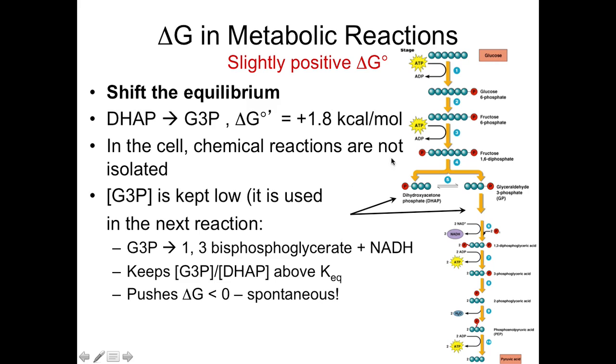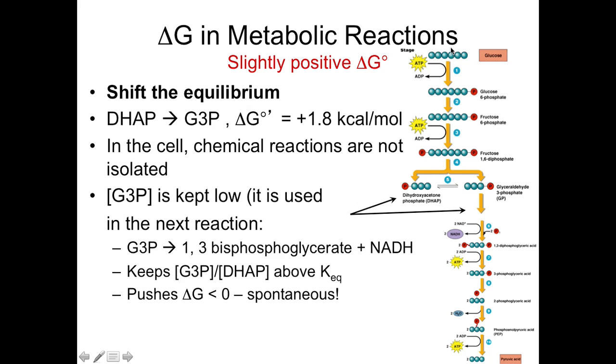And if you think about this, G3P is being used, right? G3P continues down this biological pathway. So as soon as G3P is formed, it's going to be used as the reactant in this oxidation reaction. So G3P is going to become 1,3-bisphosphoglycerate, and then you don't have G3P anymore because it turned into 1,3-bisphosphoglycerate in the next chemical reaction.